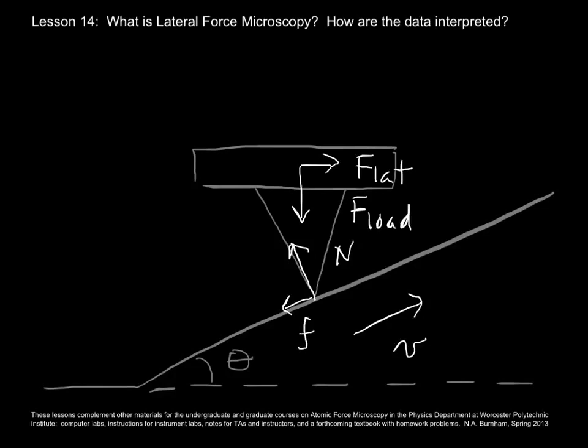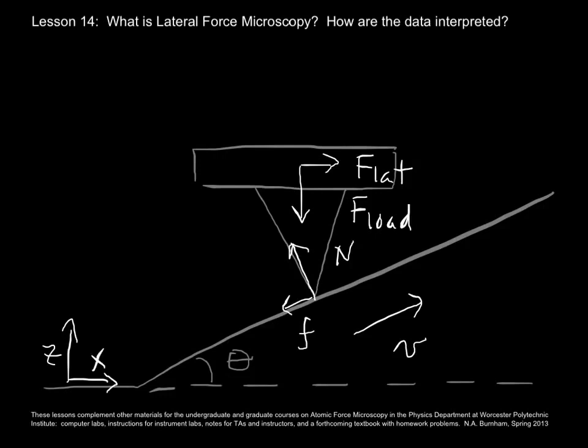What we're going to do is take advantage of Newton's laws. We have declared constant velocity. That means no acceleration, and that means all the forces in the coordinate directions of z and x must sum to 0.